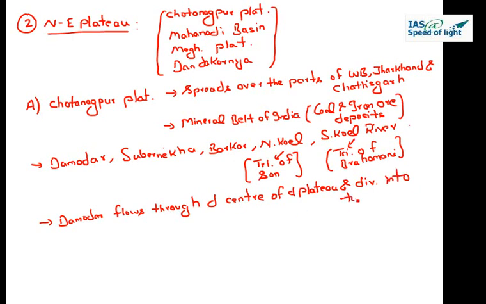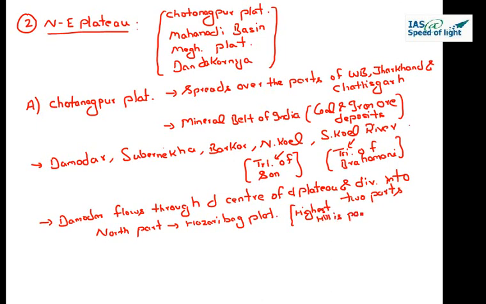The north part is known as the Hazaribagh Plateau, whose highest hill is Parasnath.